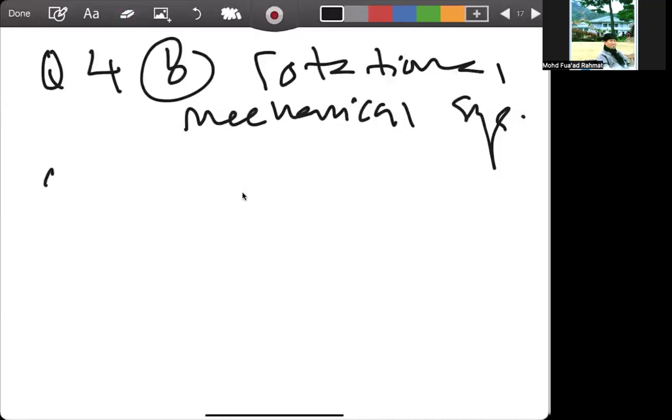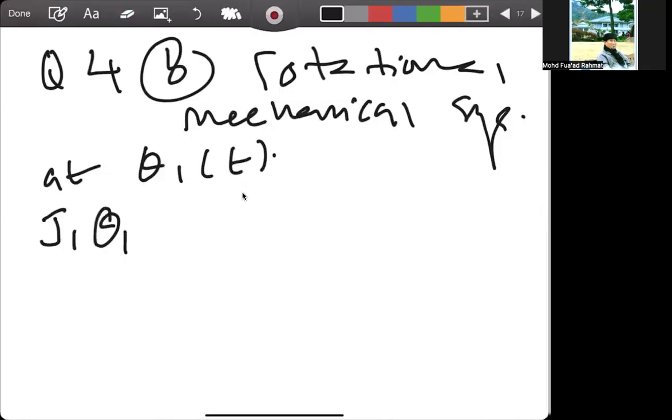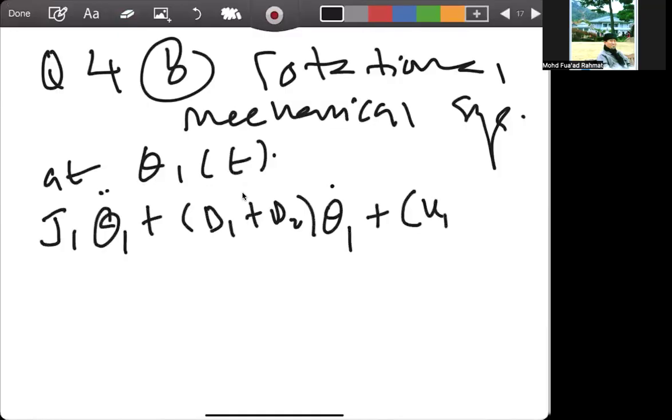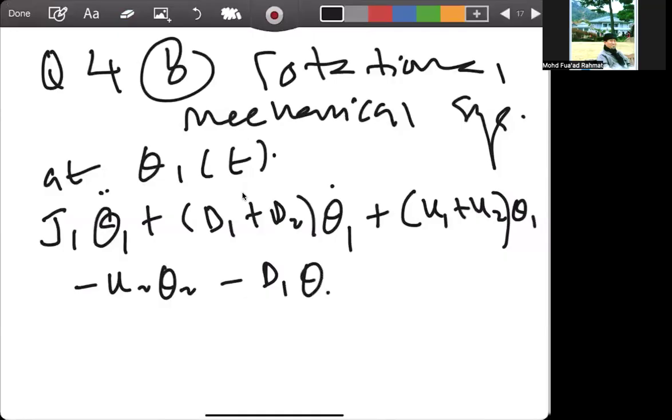Okay, so at theta 1, J1 theta 1 double dot plus the damper D2 theta 1 dot plus K1 plus K2 theta 1 minus K2 theta 2 minus D1 theta 2 dot equal to 0.